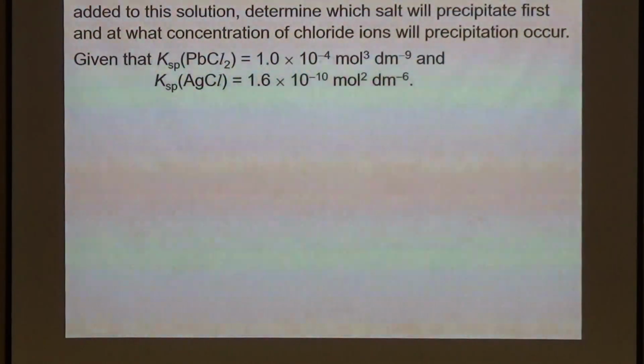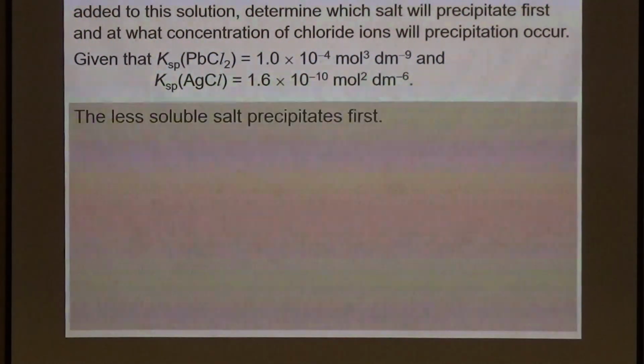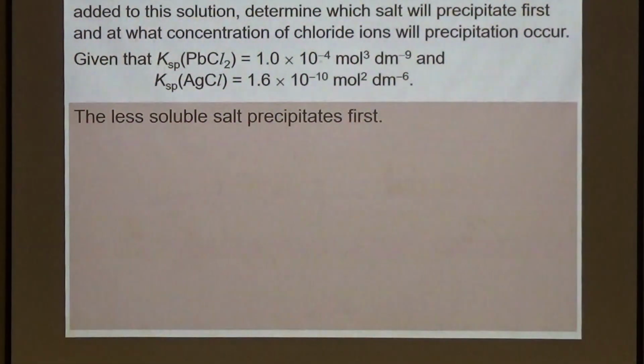Okay, so for example, you have a mixture of lead nitrate and silver nitrate. Sorry, the silver is 100 times less concentrated than the lead. Okay, so you add chloride ions, determine which one will precipitate first, and at what chloride ion concentration precipitation will occur. Okay, so the less soluble salt precipitates first.